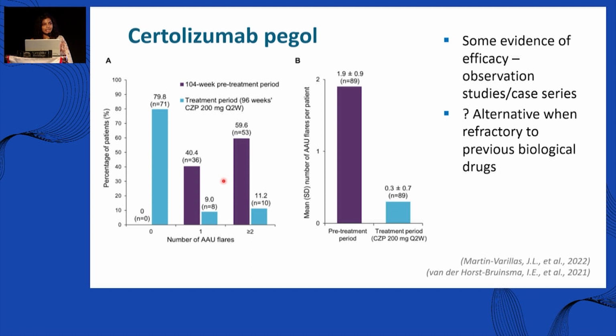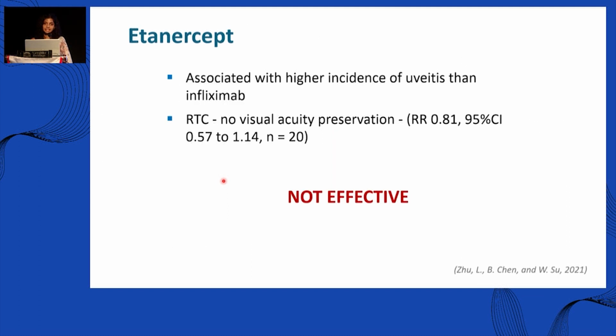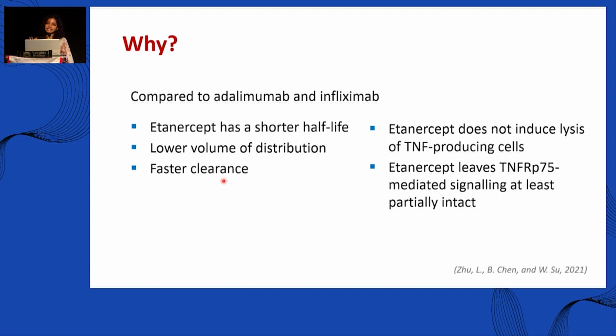But etanercept, on the other hand, has been paradoxically associated with uveitis, and it has been shown to have no effect. There's one randomized control trial that has been done, small number, but still it has been found to have no effect. And why? It has been postulated that it's because of these pharmacokinetic and dynamic differences.